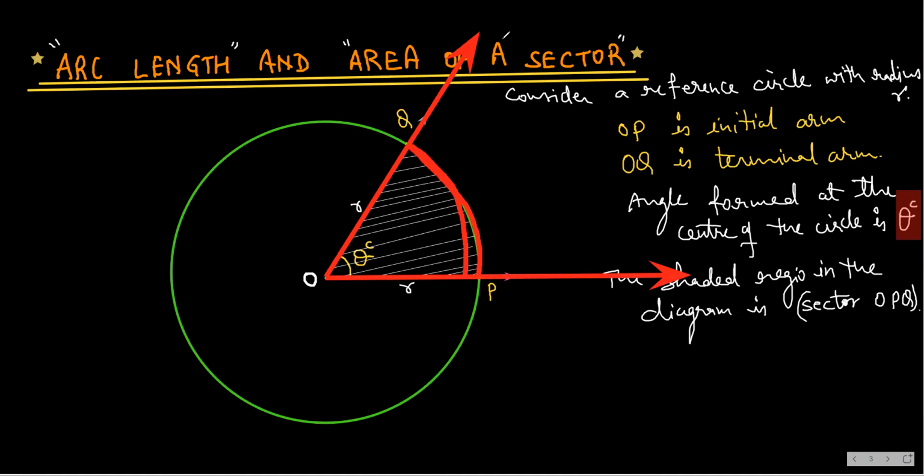So it is quite obvious that we can say arc PQ subtends angle theta radian at the center. It is PQ which is making angle theta radian at the center. These are just different ways of discussion.